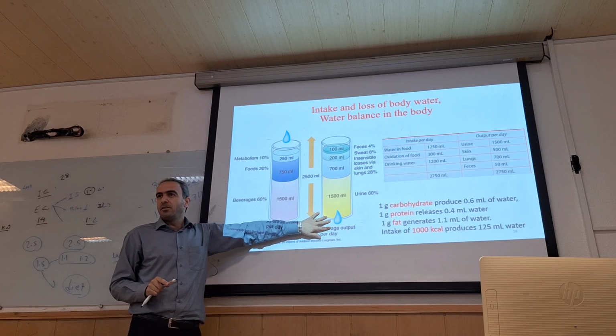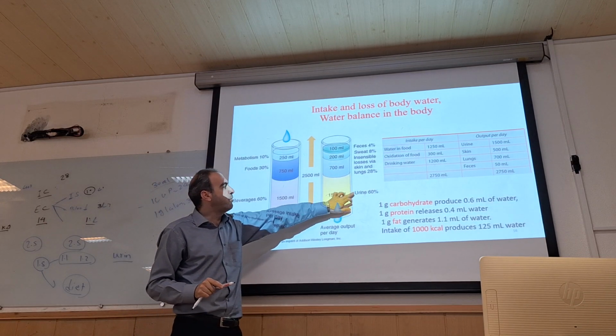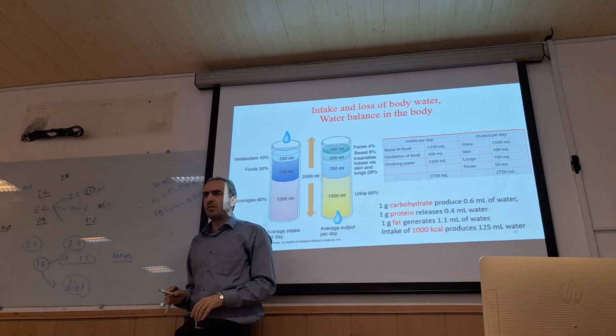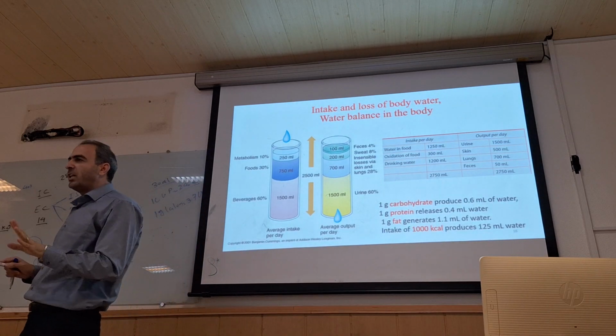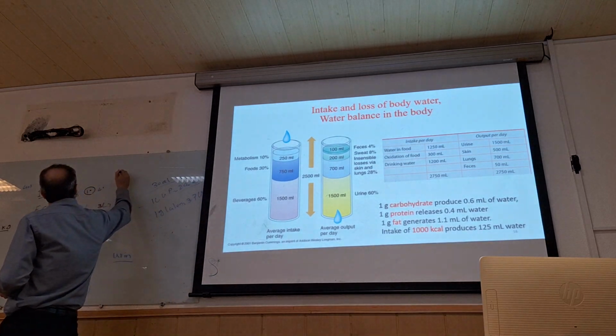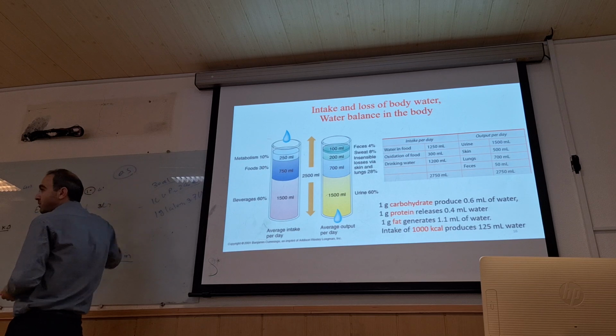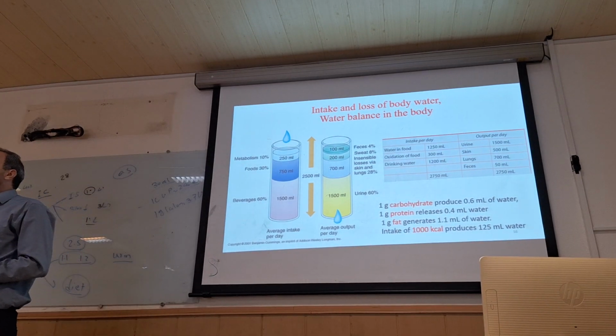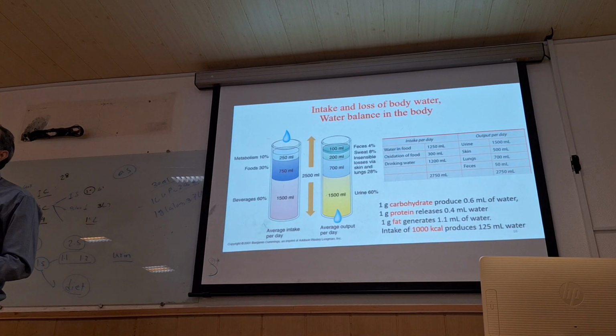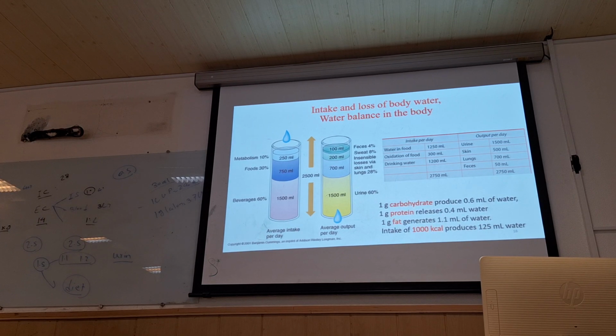Related to water loss, 1.5 liters daily by urine. We need at least 0.5 liter of water in the urine to excrete the waste products, so we should have at least 0.5 liter of urine.